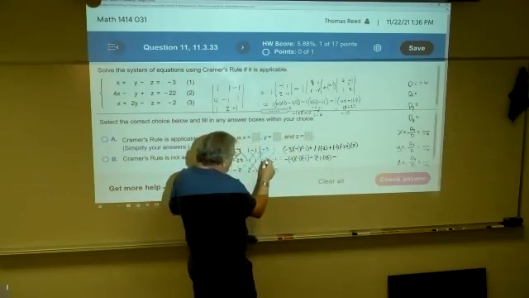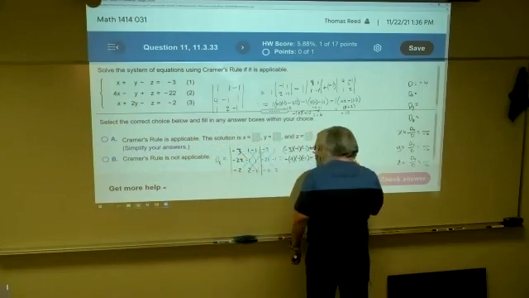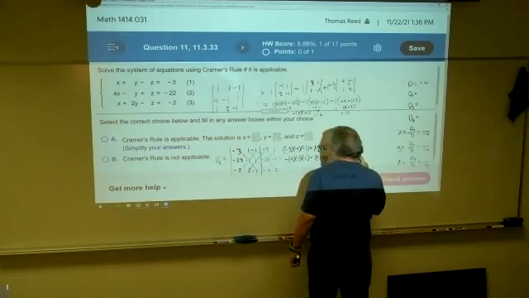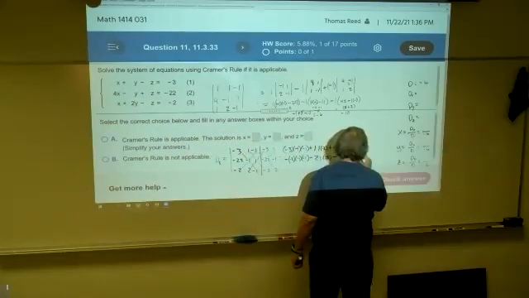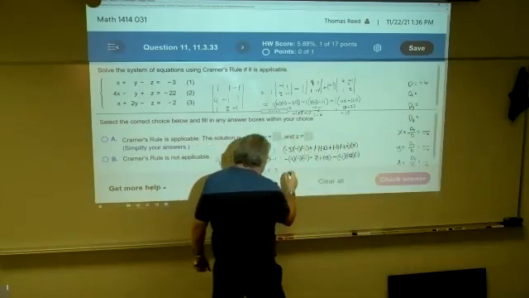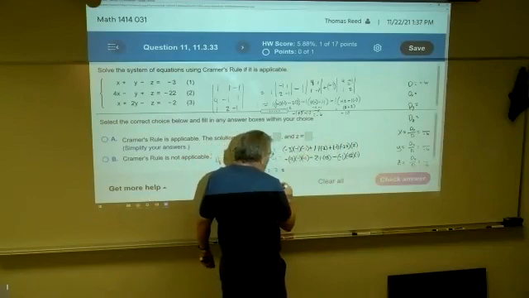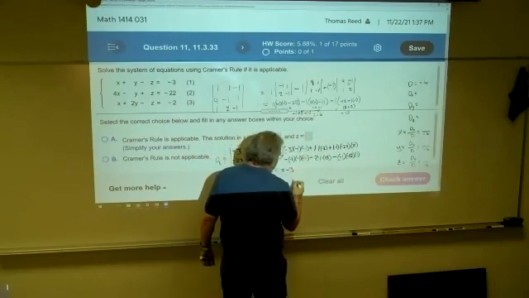So we have negative 1, negative 22, and 1. So that's going to be a negative 1 times a negative 22 times 1. I'm multiplying 3 negative numbers together, so it's going to be negative. 3 times 1 times 1 is 3, so that's negative 3.